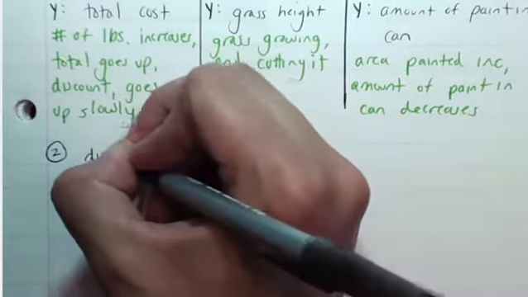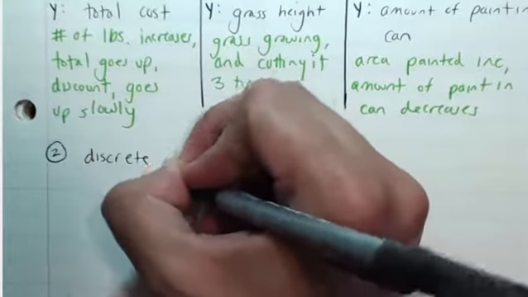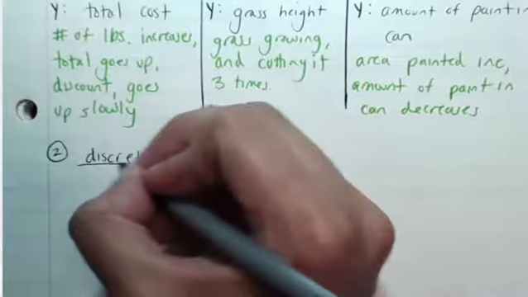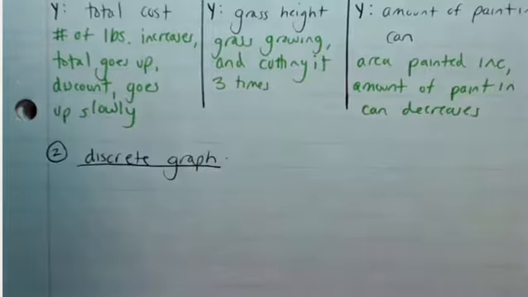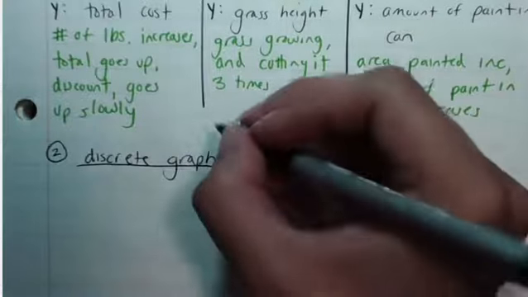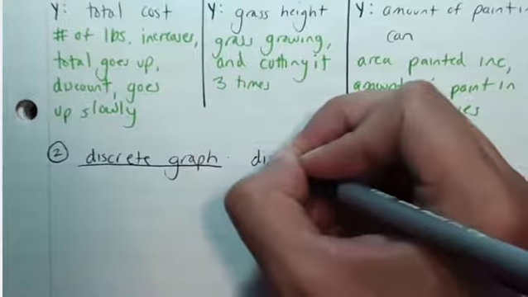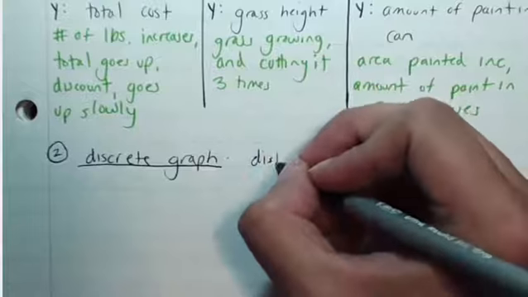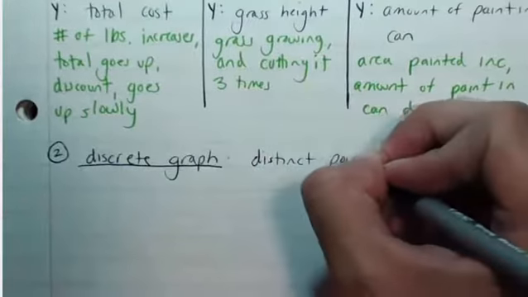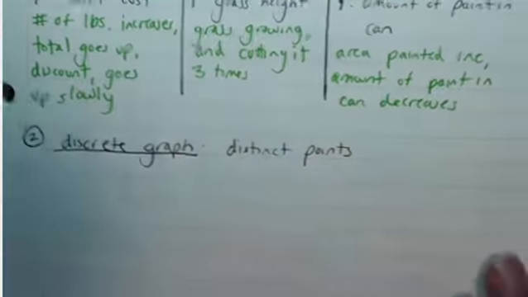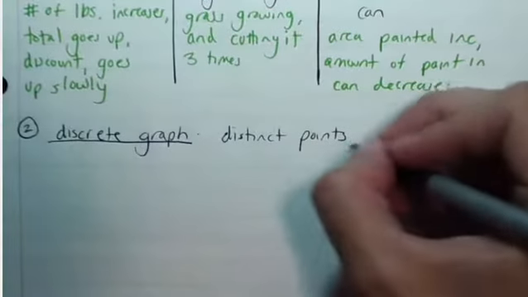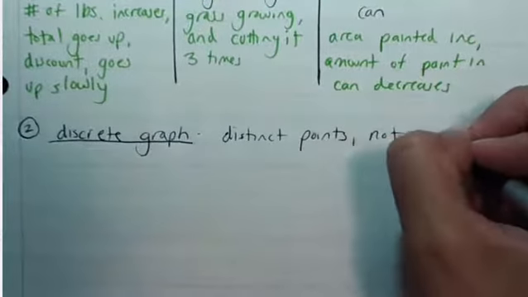Okay, now the second type of graph, and it looks similar to one that you studied last year, is called a discrete graph. And it looks sort of like a scatter plot in some ways. Okay, and what this is, it's not going to be connected lines, it's going to be distinct points that are not connected.